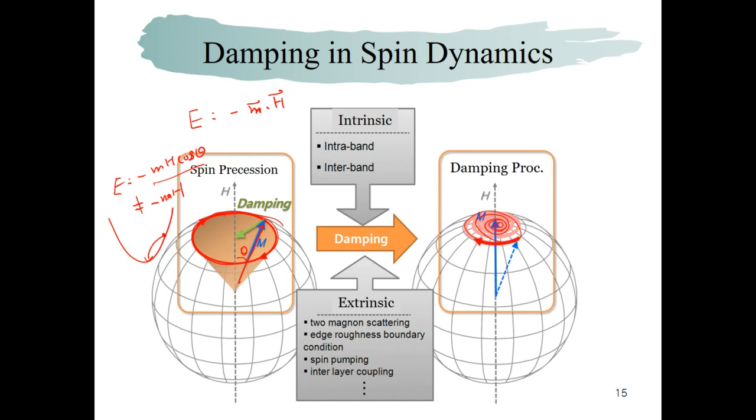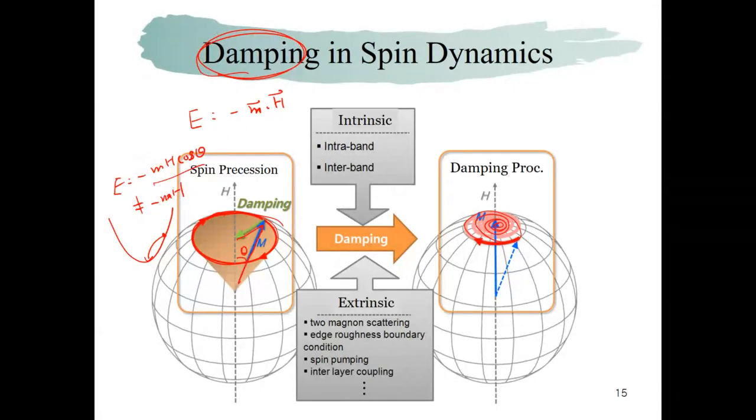That implies we need to take some energy out of this magnetic moment to arrive at the ground state energy. If we don't have such an energy dissipation path, there's no way the magnetization can align to the field direction. So that kind of energy dissipation mechanism is called damping or friction.